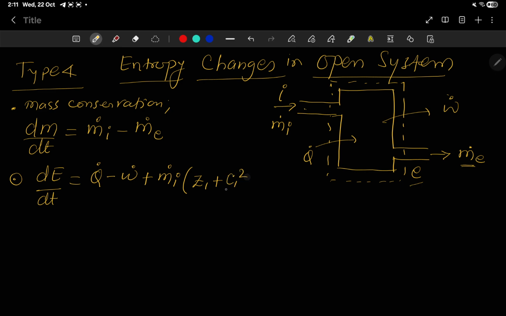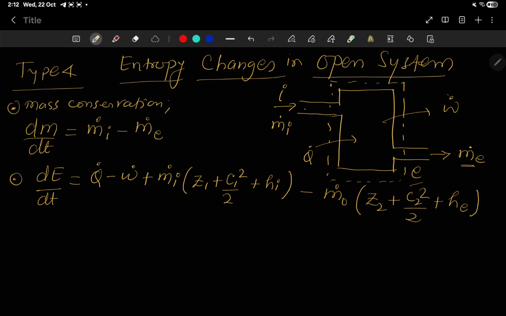I am taking this c1 square by 2, okay, plus hi, this is inlet enthalpy, minus m dot out, this will be z2, plus c2 square by 2 plus h exit. Okay, this is relation 2.